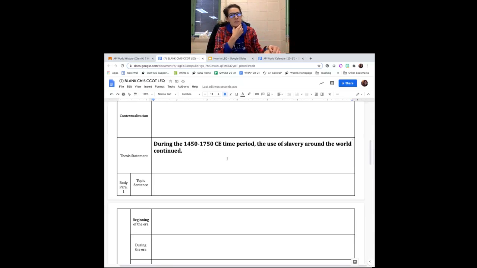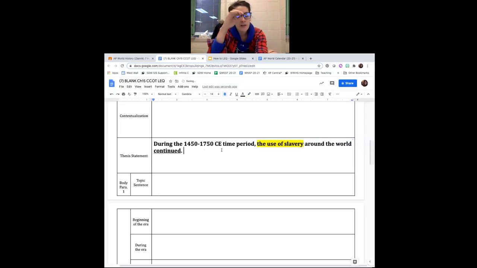So I have during the 1450 to 1750 time period, the use of slavery around the world continued. In my prompt, it asked for 2 changes, 1 continuity. I'm going to use that word continued so that my reader knows I'm talking about what is being continued. So again, this is a really great word to use for that continuity. Here is my first claim that we talked about above.